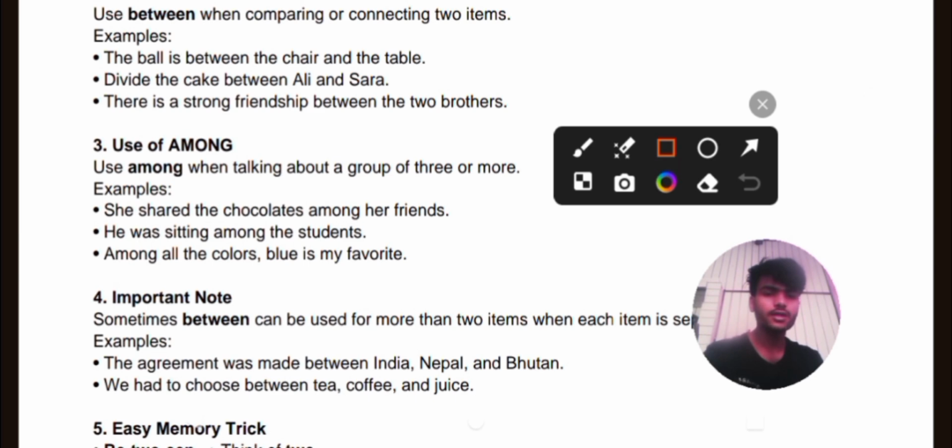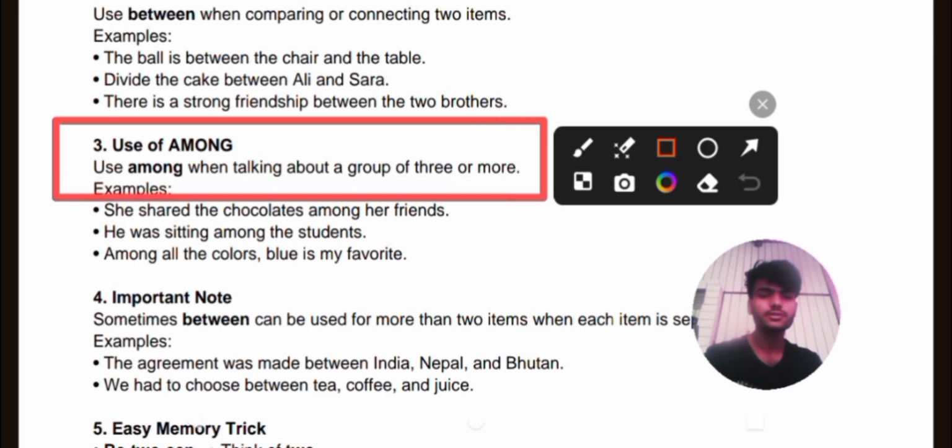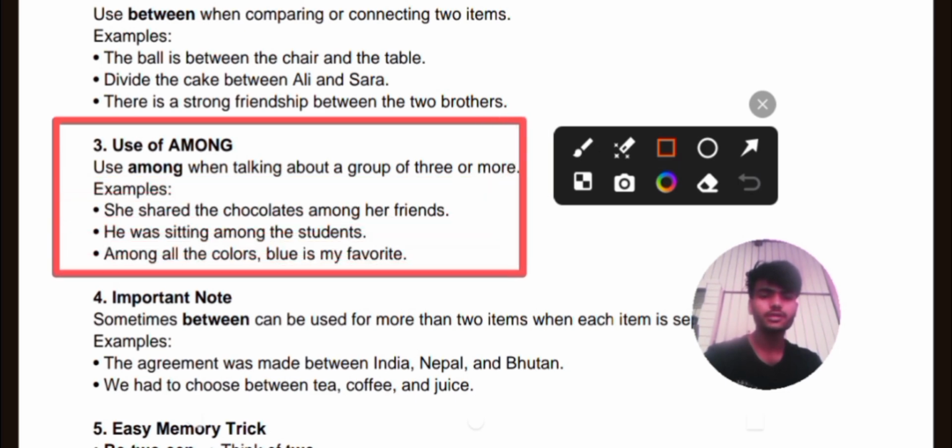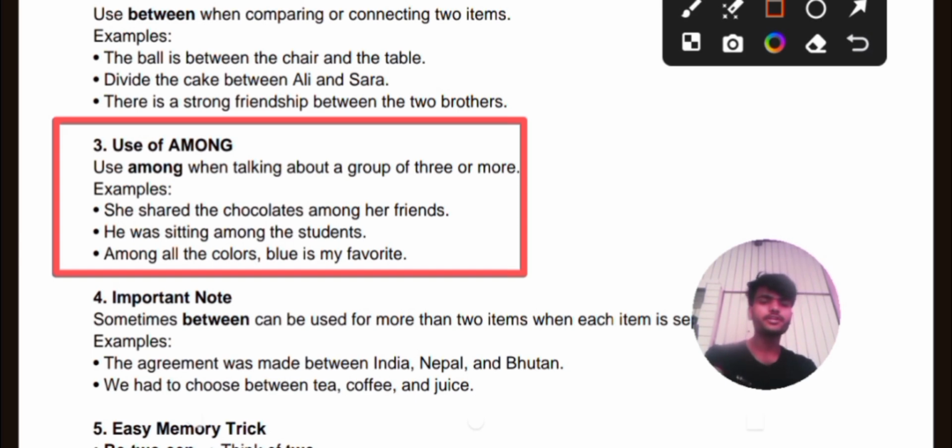Now the third point, which I am covering right now for you. The third point is telling us we use among when talking about a group of three or more.